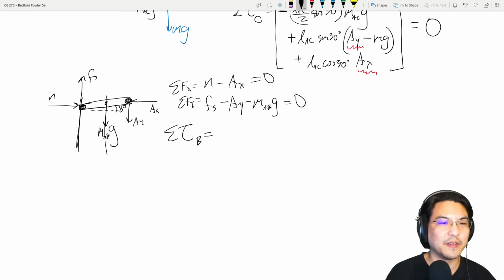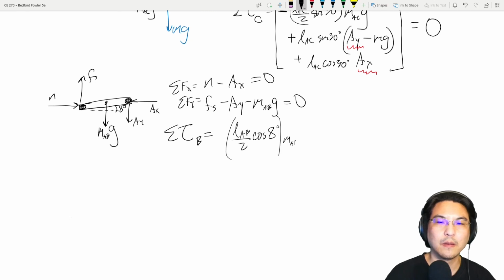So from here to here is LAB half, and then it's adjacent to the angle, so cosine 8. So that times this force, the weight of the bar, and that will create a torque going this way in the negative direction, so minus.